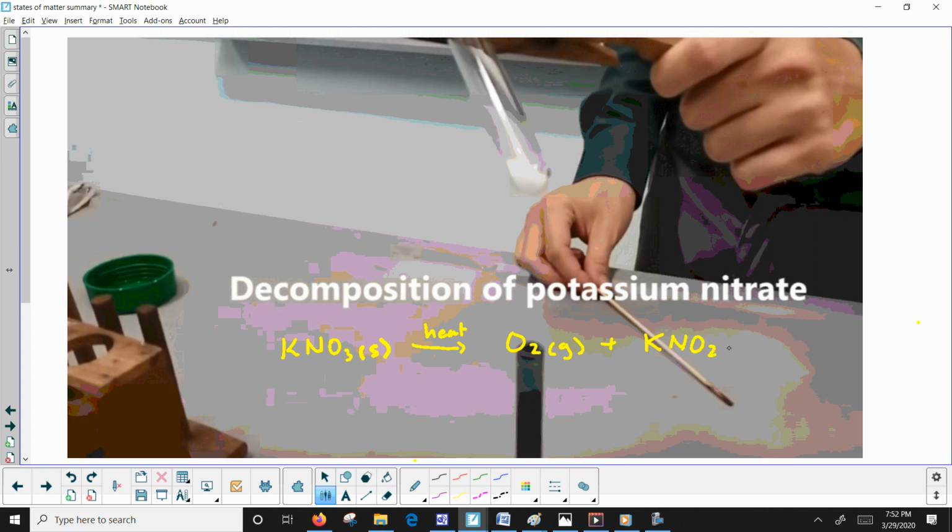So potassium nitrite, and remember, it was a solid, right? It's an ionic compound, solid at room temperature. And then you do a little bit of balancing here. So we put 2 here and a 2 here. We have 2 potassiums, and we have a nice balanced chemical equation. And that's what it's all about.